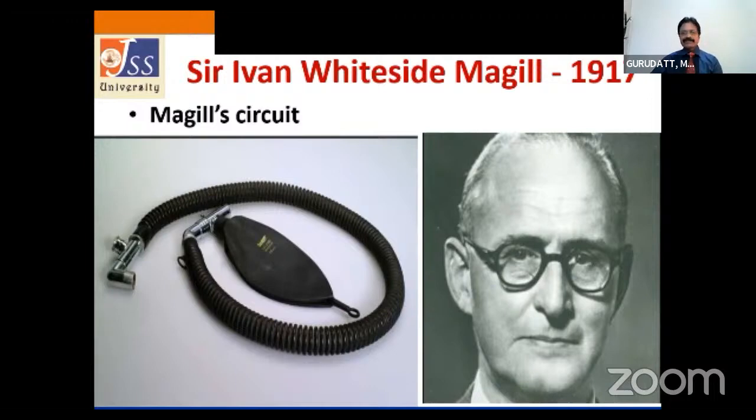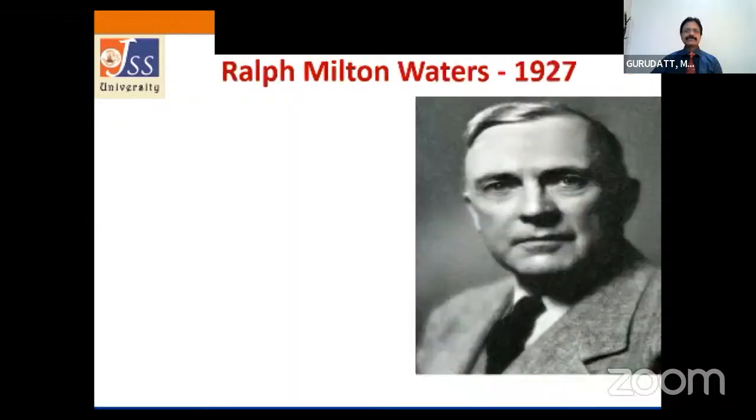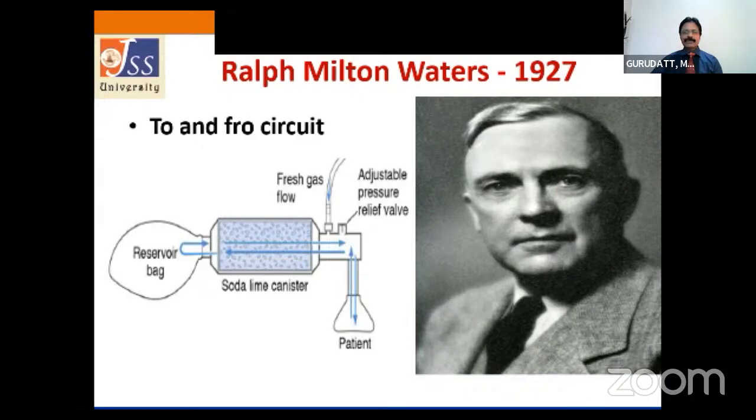So they had to reuse the same circuit for patients without infection also, and they had an apprehension that the infection could be transmitted by these circuits. So there was a requirement of a circuit which could be autoclaved and then reused. This was fulfilled by Ralph Milton Waters in 1927. He introduced what is called the to and fro circuit.